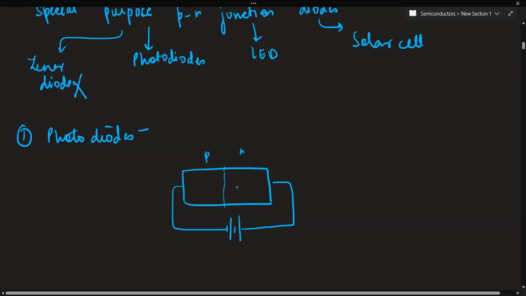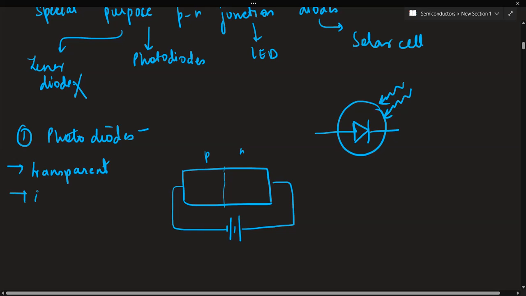Reverse. Reverse bias, yes. So the major points which you have to remember include that it is covered by a transparent photosensitive semiconductor. Transparent window is there, so that light can fall on it. Like if this is your semiconductor, this is covered by this transparent window, then light will be able to come.